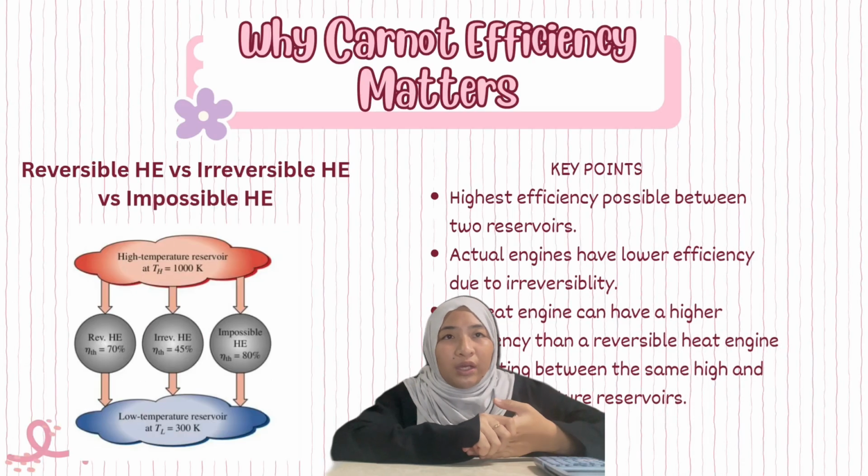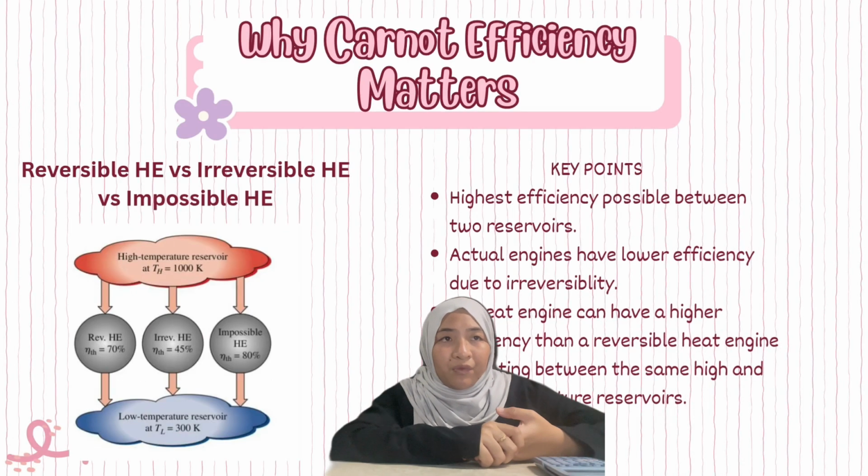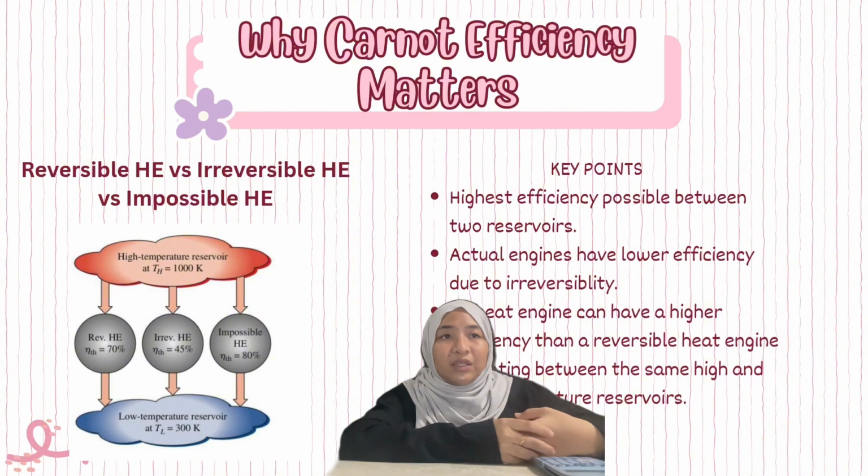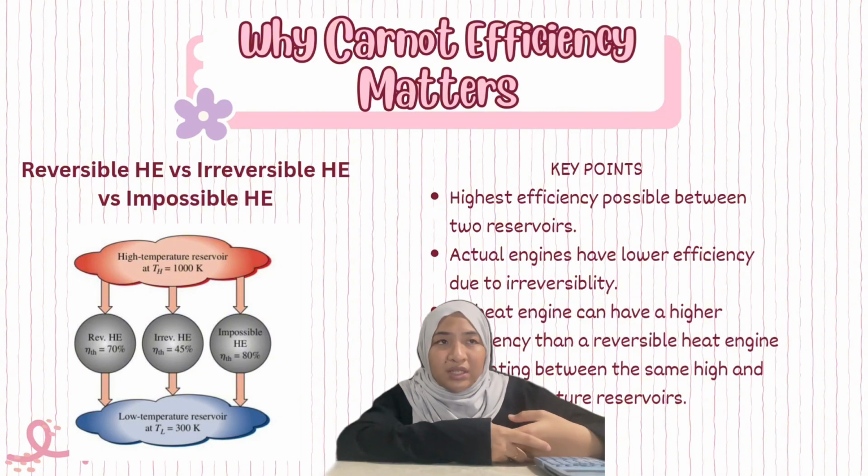So why does Carnot efficiency matter? From the diagram, we can see the perfect Carnot engine gives 70% efficiency, while a real engine only gives 45% efficiency. And the third one, an impossible engine, claims 80% efficiency. The maximum efficiency depends on the temperature. For 1000 Kelvin hot and 300 Kelvin cold, 70% efficiency is the absolute limit.